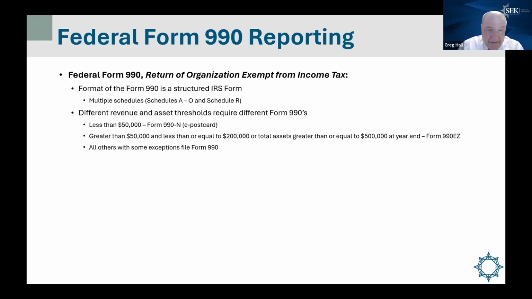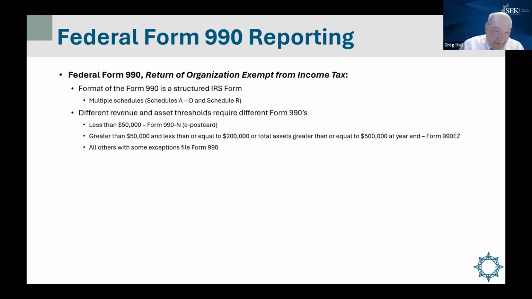Also want to just remind everybody there are different thresholds and requirements for different Form 990s. If your gross receipts are less than 50,000, you can file Form 990-N, or e-postcard. Very simple. You go into the IRS website, you attest that your revenue is not over 50,000 on a 3-year average, give your contact information and submit it. Real simple.